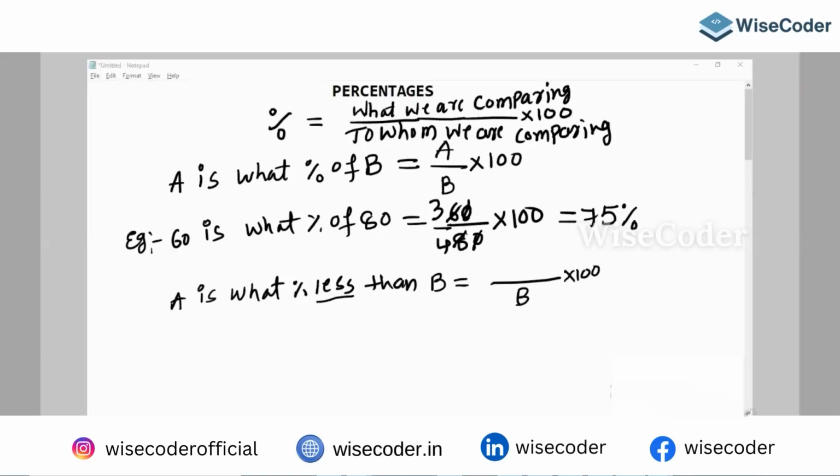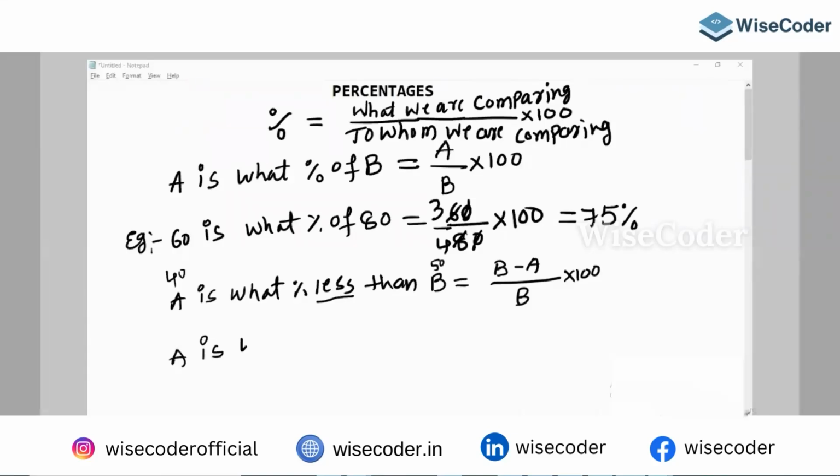Among A and B, which value is more? B is more. So let's say, for example, this is 40 and this is 50. How much less? 10. So can I say B minus A by B into 100?